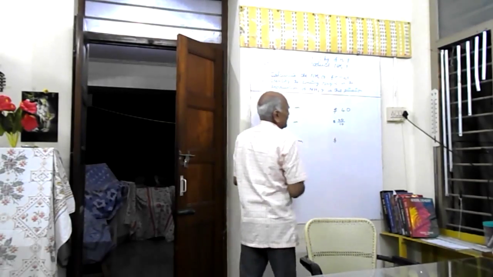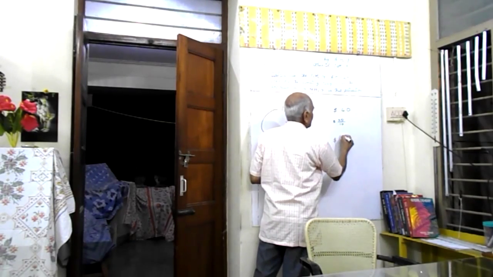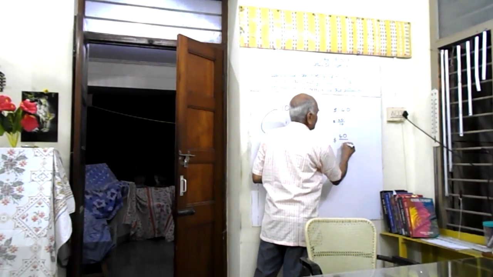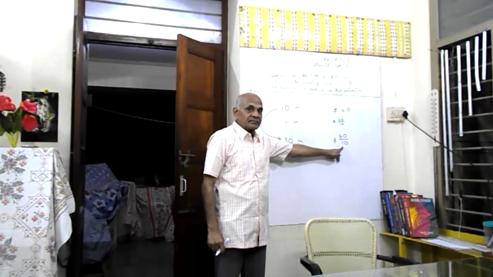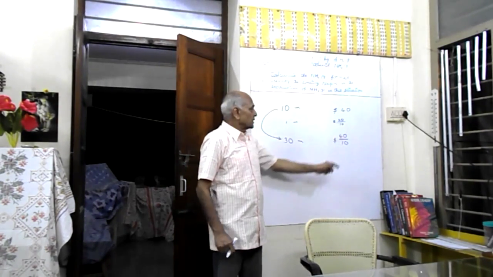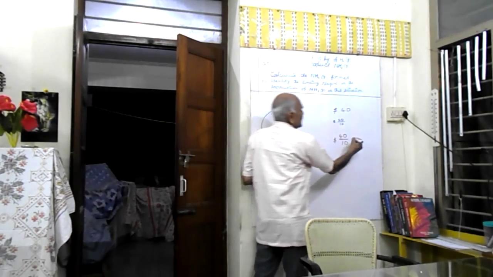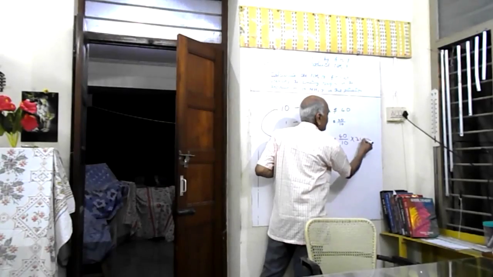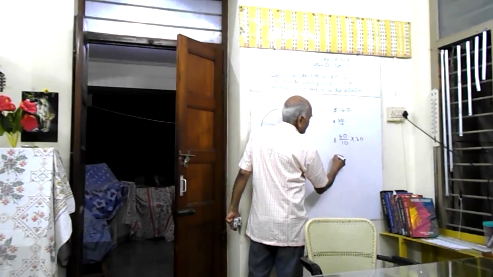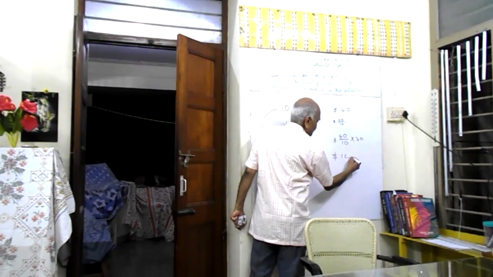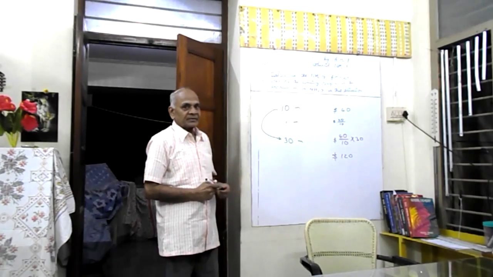So we do this 40 by 10. Understand, this is the cost of 1 meter, but we are not doing the operation. Then cost of 30 meters, we multiply by 30. Now we get the answer 120. This is the third part of it.